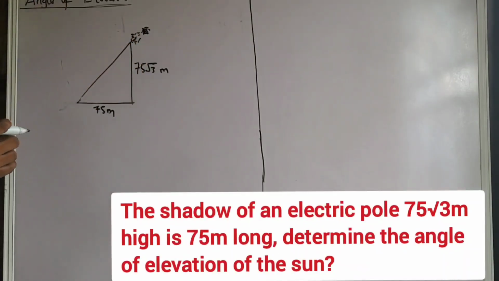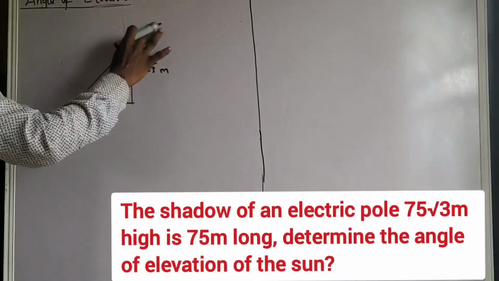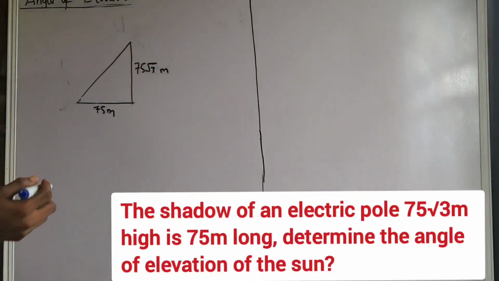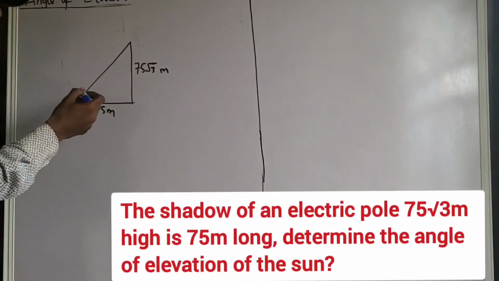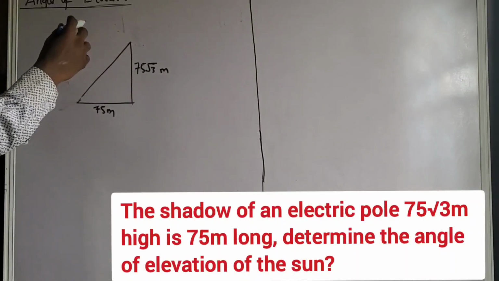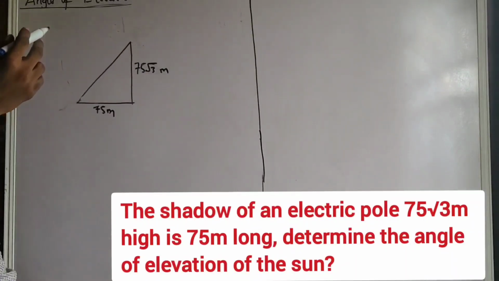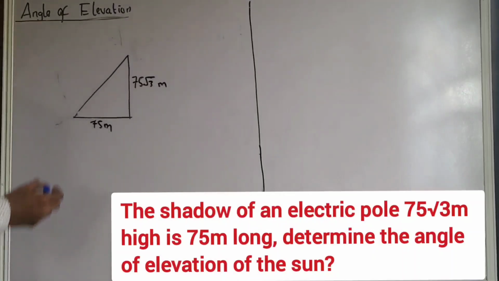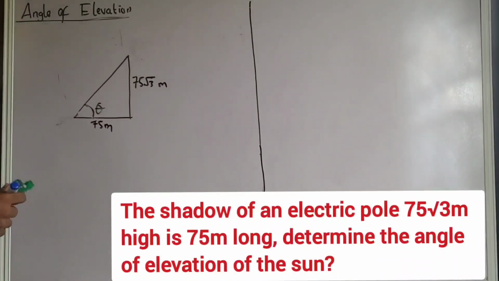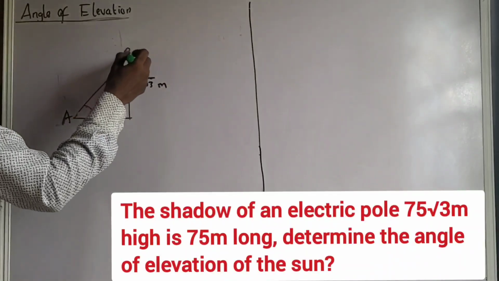If you are doing this in an exam, you don't need to draw the sun. I just want to help you understand that the shadow produced by the pole is a result of the sun, and the line of sight will be with respect to the position of the sun. So this angle is what we are looking for, angle theta. How do we get angle theta? Let's label this A, B, and C.